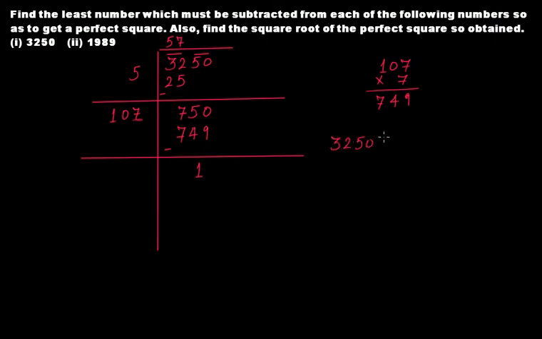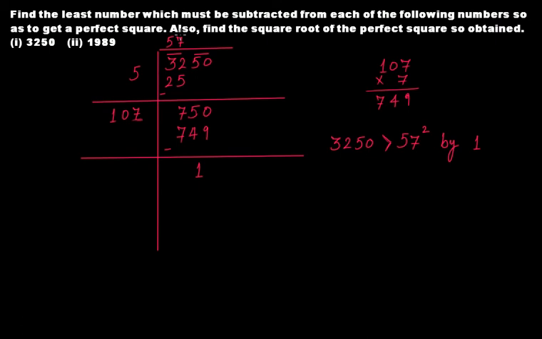It means that this 3250 is greater than 57 squared by 1. In the long division method, 57 actually tells what? It tells about the square root.